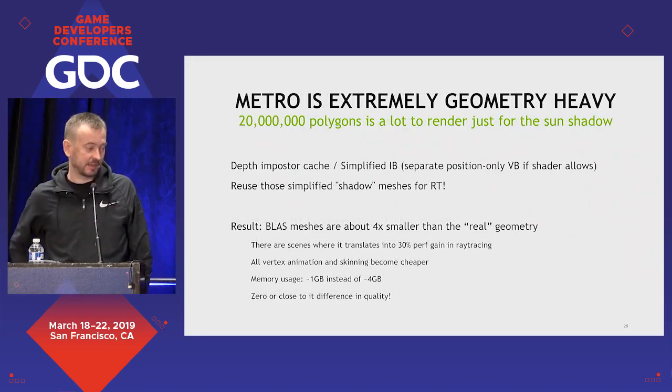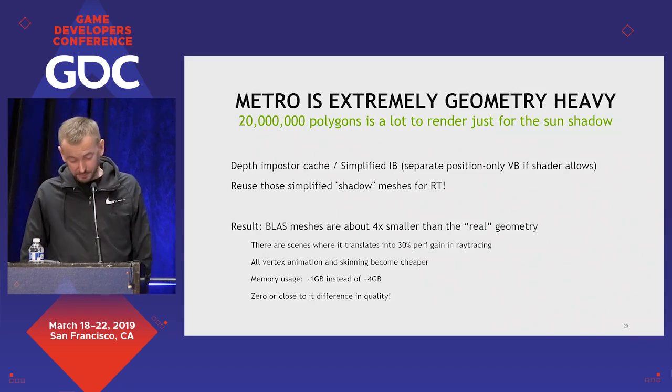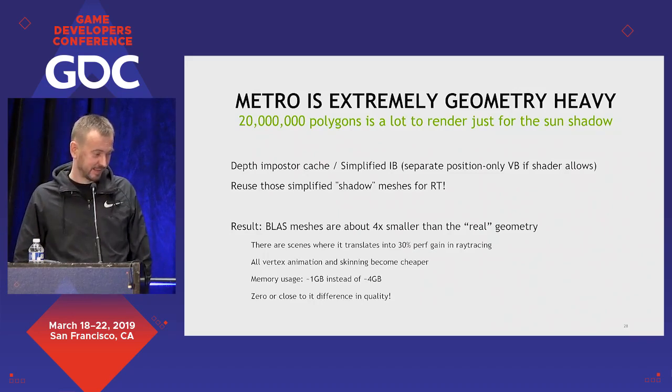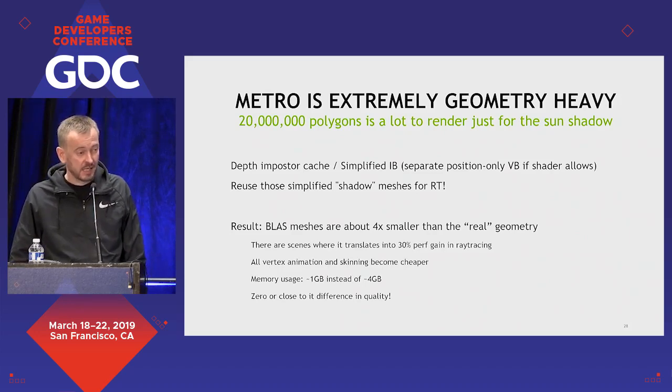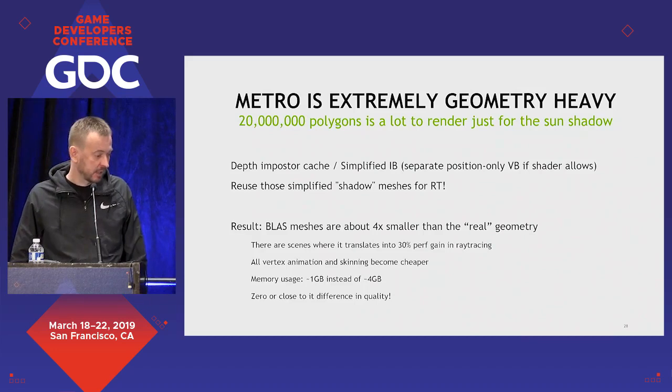And there is another optimization in place. The Metro content is really highly polygonal. LODs are quite rare. We mostly rely on real-time impostering. It's like a cache for G-buffer and shadow maps.